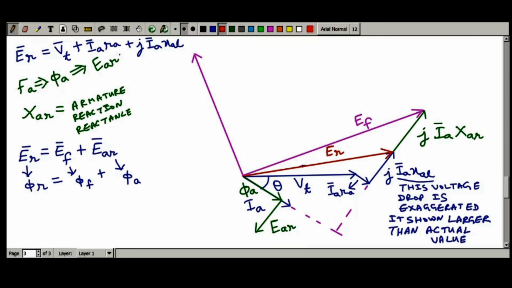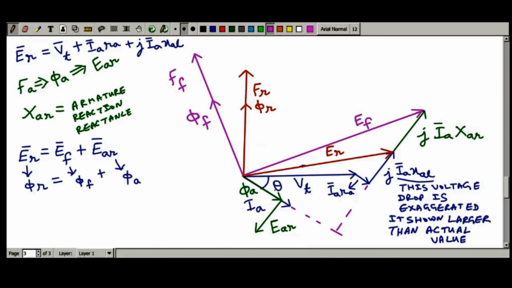Phi R will be leading the resultant air gap voltage ER by 90 degree. So this will be your phi R. Let me write it over here. You can either call it your FR or your phi R. And this thing is your FF, or you can call it phi F.